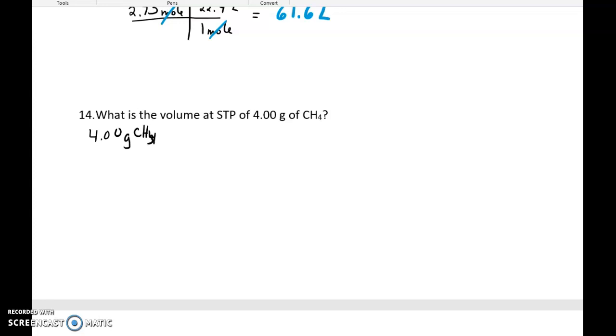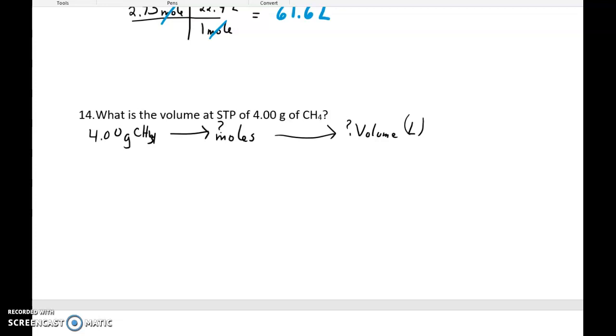We're going to convert that into moles. We don't know how many. And then we're going to convert that into a volume. Or it'll be in liters.